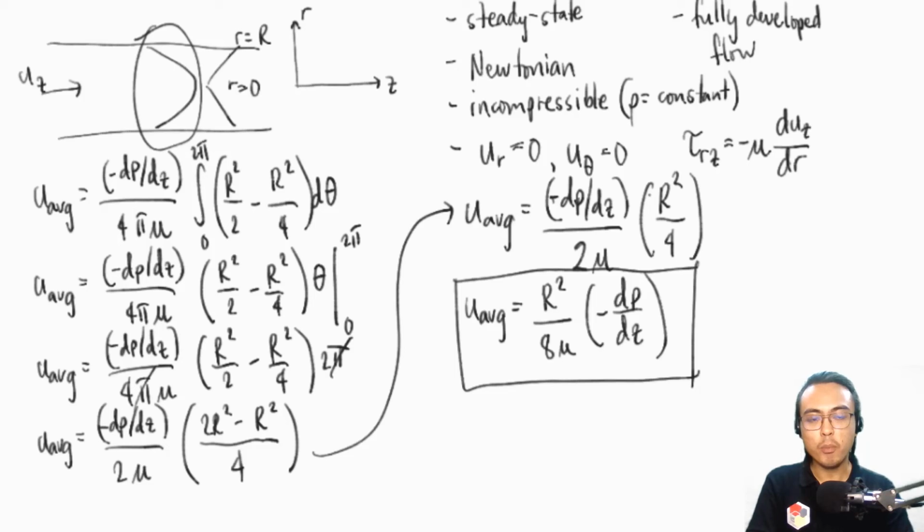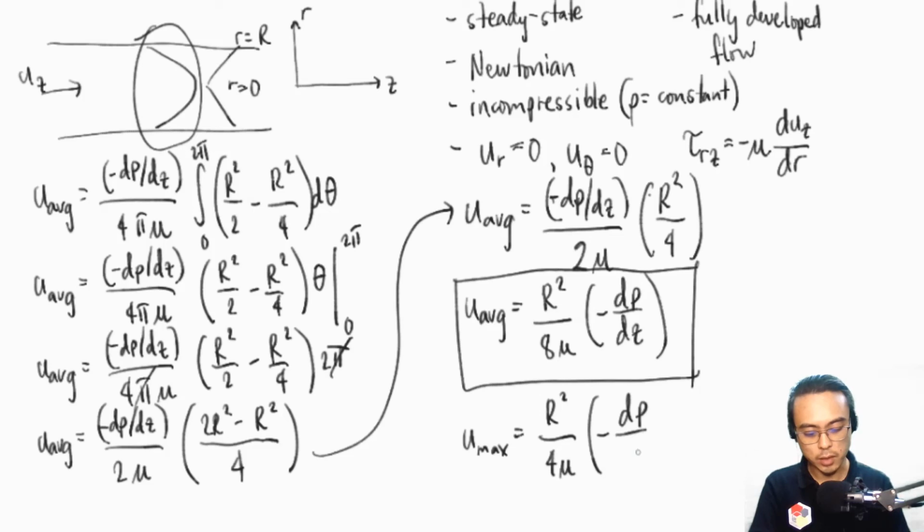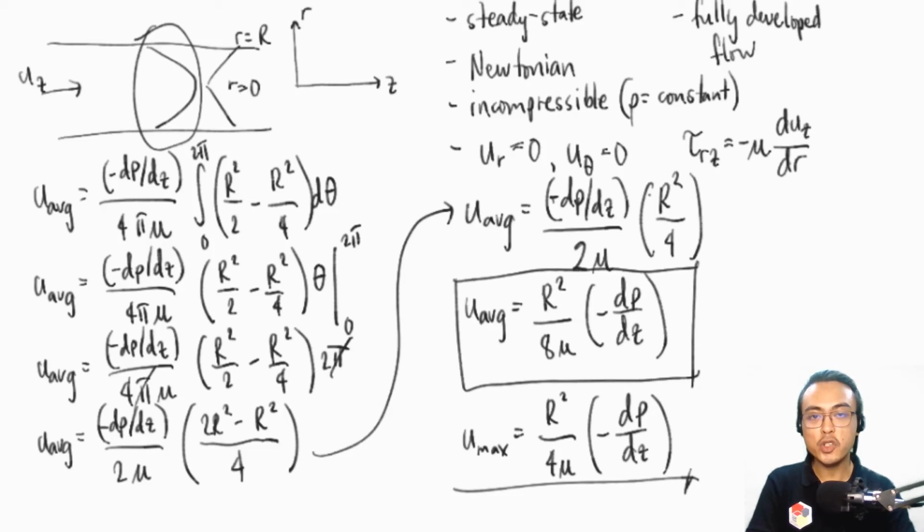Okay, let's compare this average velocity with our maximum velocity obtained earlier. If you will remember, U max is equal to R squared over 4 mu times negative dp over dz. Do you now see a relationship between the average velocity and the maximum velocity? They look very similar. They are just differing in their denominator.